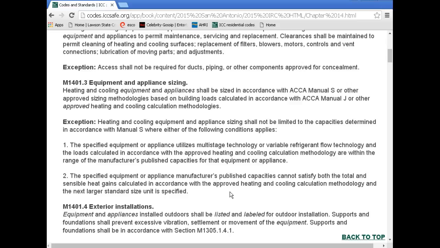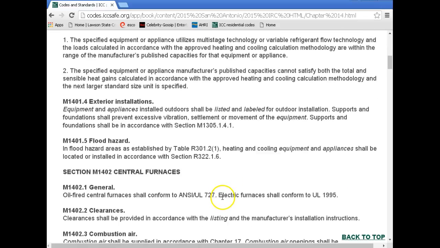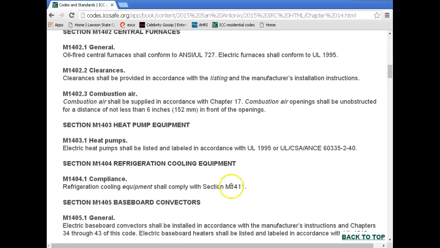Let's see what we got next. 1403. Is that right? Yep. So, nothing on central furnaces. So, what's heat pump equipment? All right, so they have changed this up.